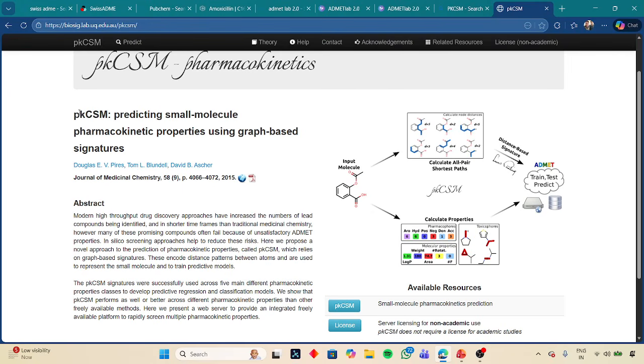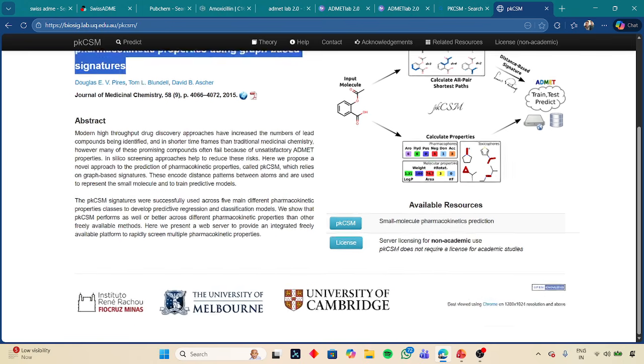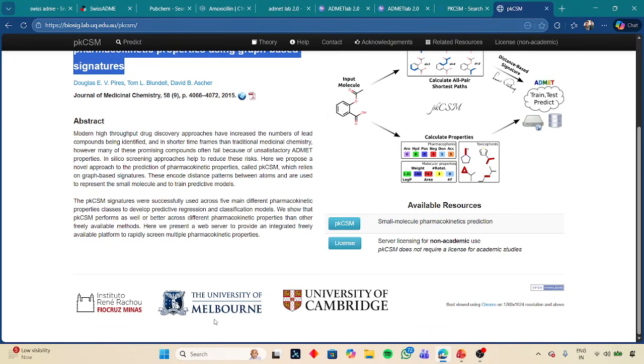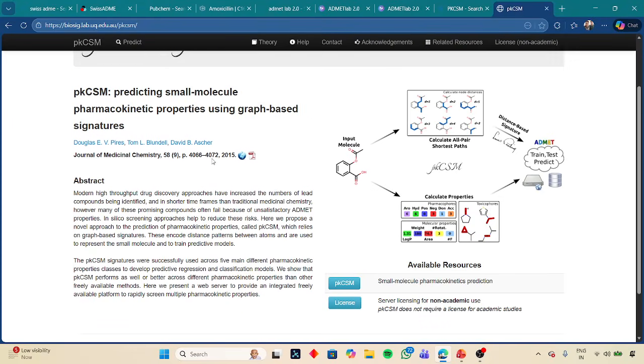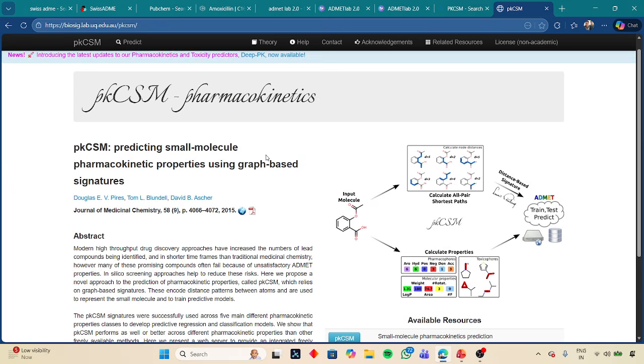It is a paper that was worked on by different organizations, the University of Cambridge and the University of Melbourne. They both collaborated to prepare this one. And this work has been published in the Journal of Medicinal Chemistry. So these are the authors. They have developed this pkCSM pharmacokinetic parameter profile study tool.